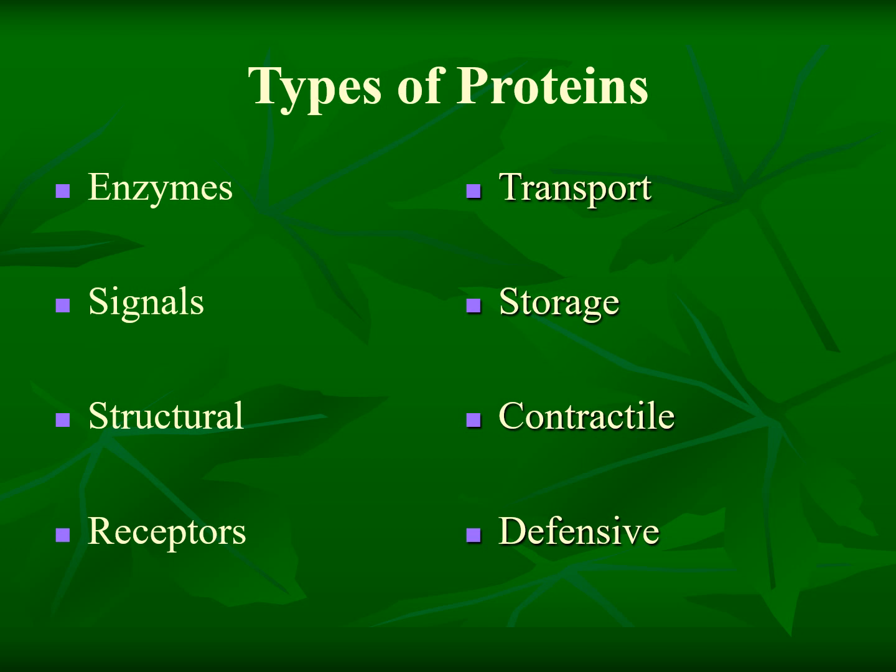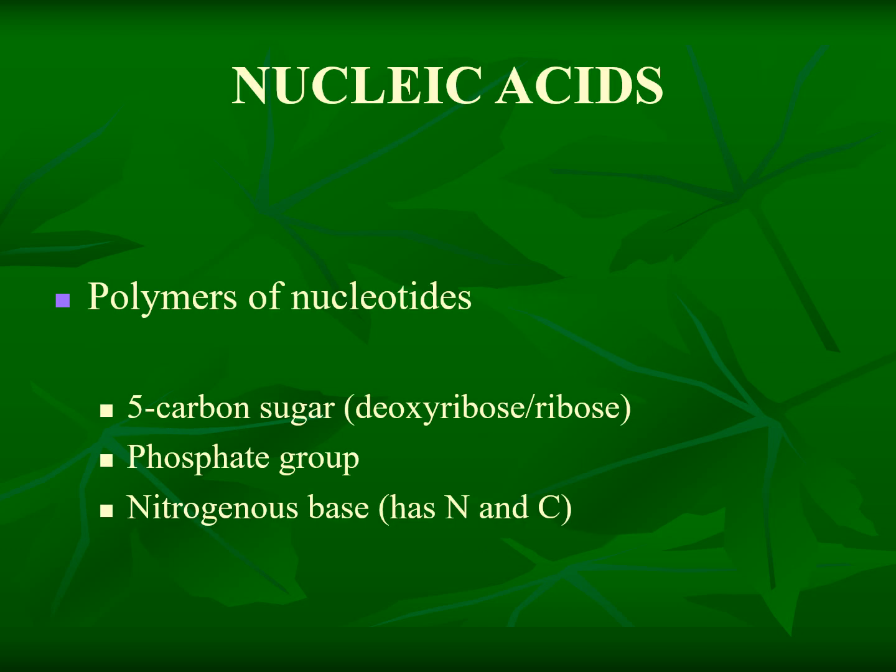Some are receptors, where certain other things will bind to them on the cell surface and trigger a series of reactions. Some are used for transport. Some are used for storage. Some are involved with contractile processes, such as in muscle cells. And some, such as antibodies in your immune system, are used as defense. So proteins are involved with just about every aspect of the cell.